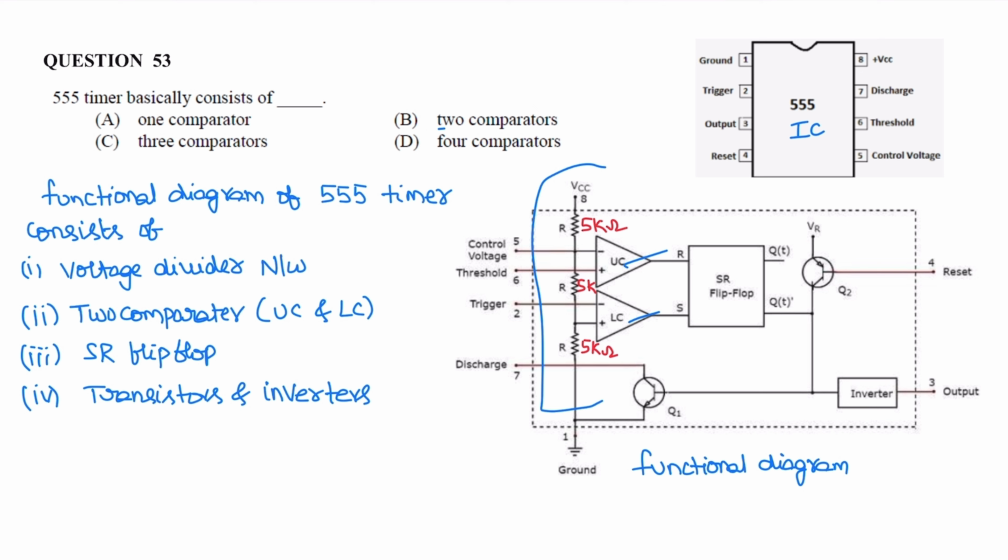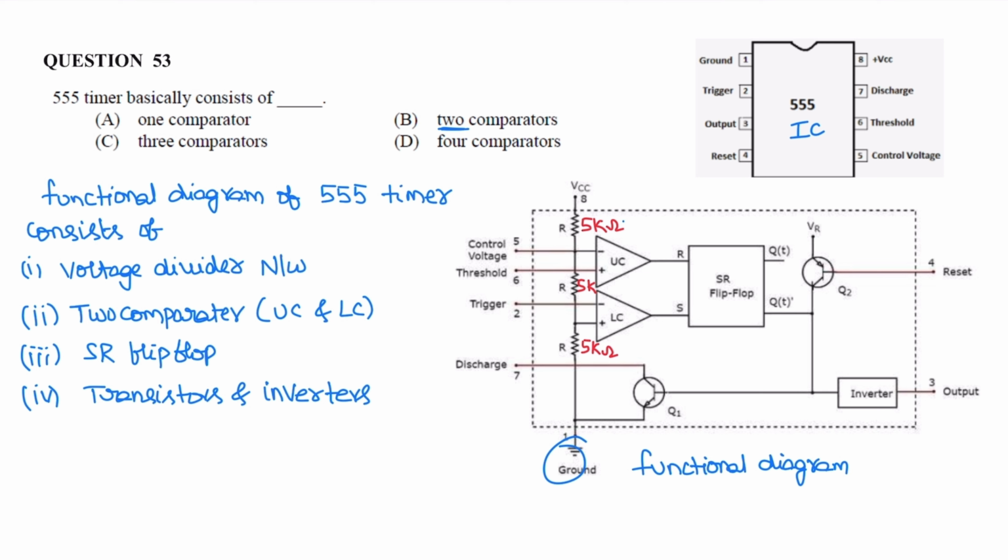It also has a flip-flop, a transistor and an inverter circuit. So transistors and inverters, flip-flops, two comparators, and a voltage divider network are the components of the 555 timer. So the correct option is that it consists of two comparators.